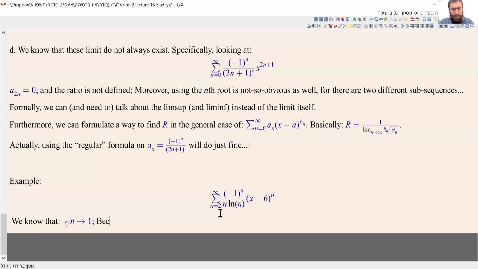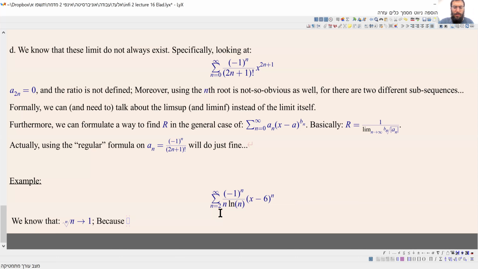Why is that? Because ln n, starting at 3 or something, is on one hand greater than 1, and on the other hand, smaller than n. We mentioned last week that actually even ln n plus 1 is smaller than n. So, of course, ln n is smaller than n.